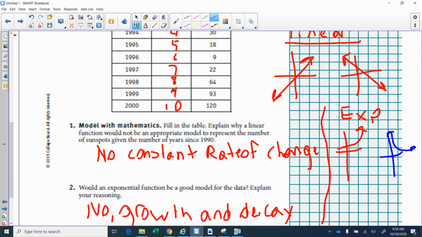So when I analyze these, I want to note that in all four of these graphs, either linear or exponential, we have a clear increase or decrease. Okay. For example, in our linear models, this example is just increasing at a constant rate. This example here is decreasing at a constant rate.